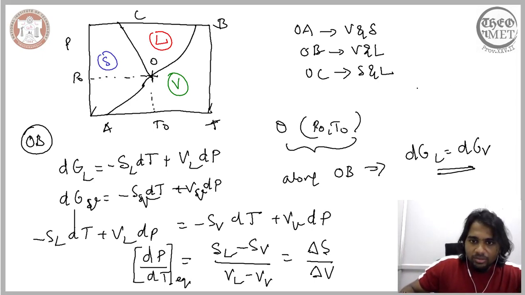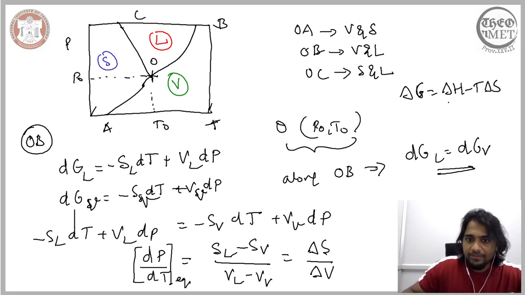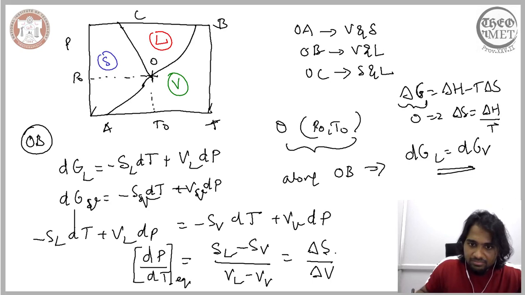For that we can go back to our expression for the Gibbs free energy, the canonical one, which is delta G is delta H minus T delta S. Now we are considering an equilibrium along OB, so we are considering these lines wherein there is no phase transformation, both these phases are in equilibrium, so delta G is 0, and that implies delta S is delta H by T. So this means delta S can be replaced by delta H by T, so you have such an expression.